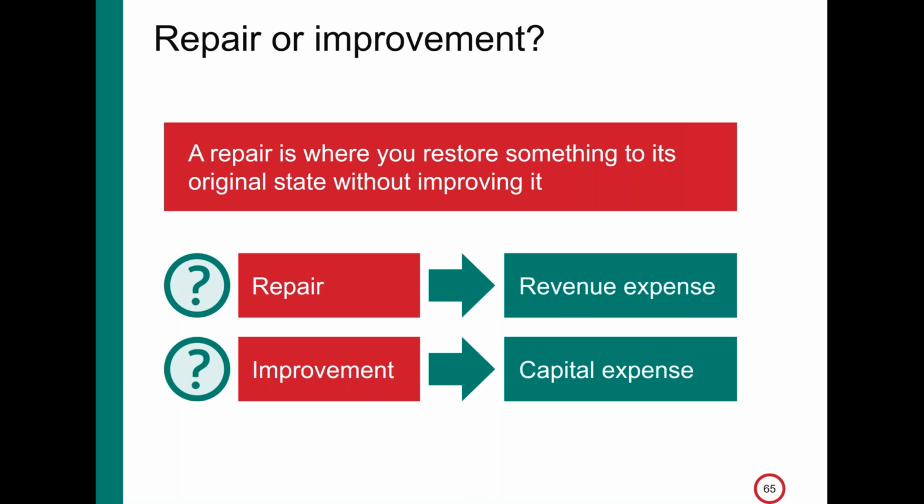Improvement costs are a capital expense. You cannot include them as an expense when working out your profit or loss. You may be able to claim capital allowances in some cases. If not, you may be able to use the cost of improvements when you work out any future capital gains tax if they're still in place at the time.